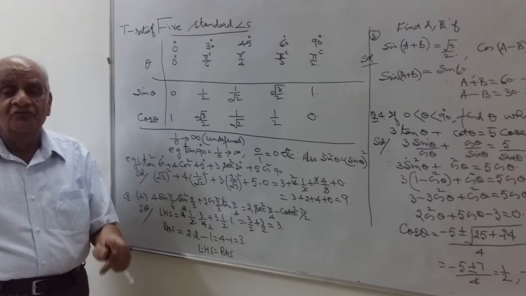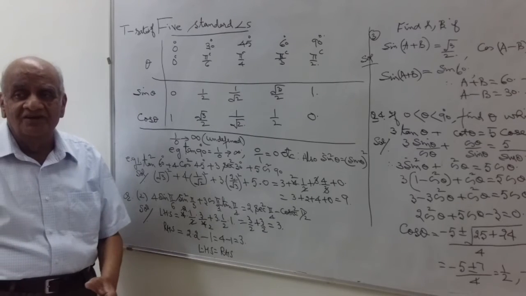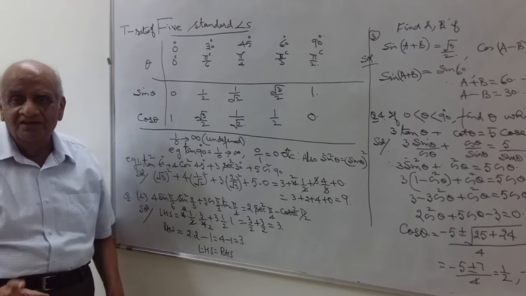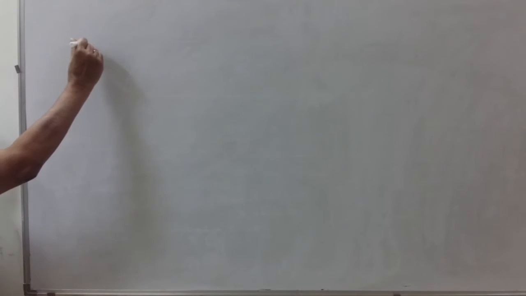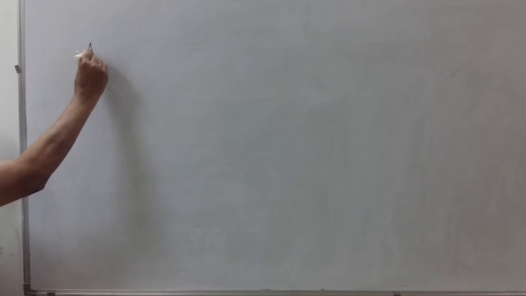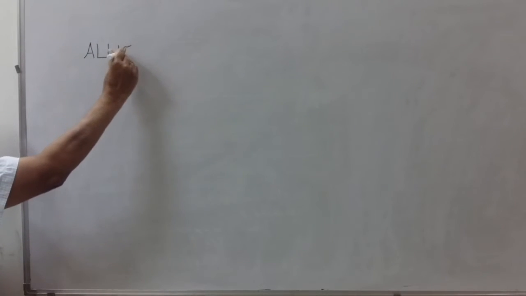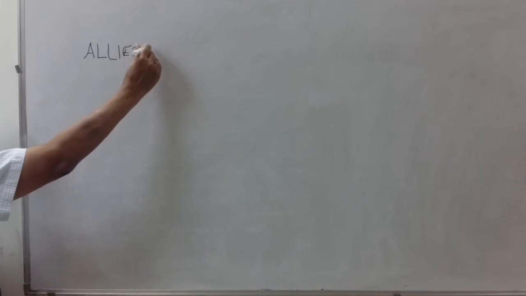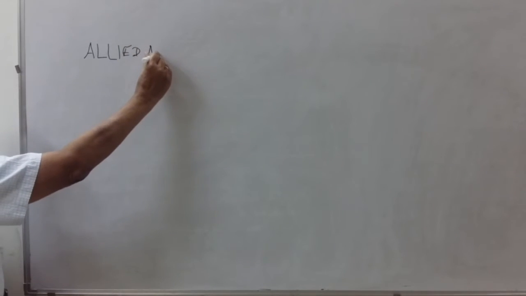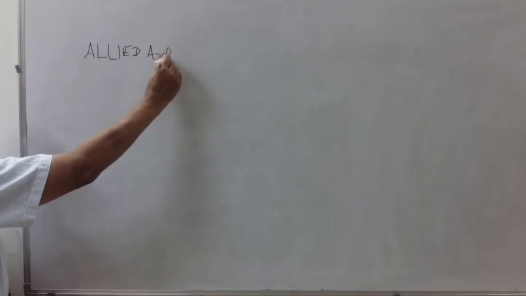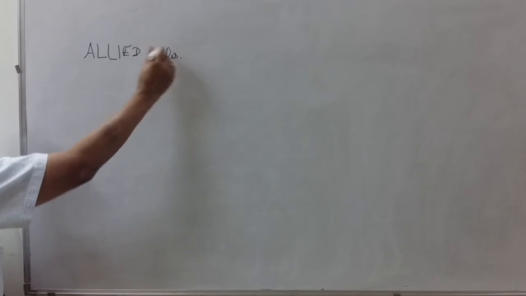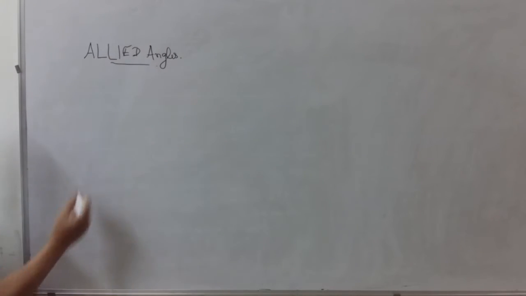That is the values for sine 90 minus theta, cos 90 minus theta, etc. The topic now is the most important topic, that is allied angles. Actually, +1 trigonometry starts from here, allied angles.